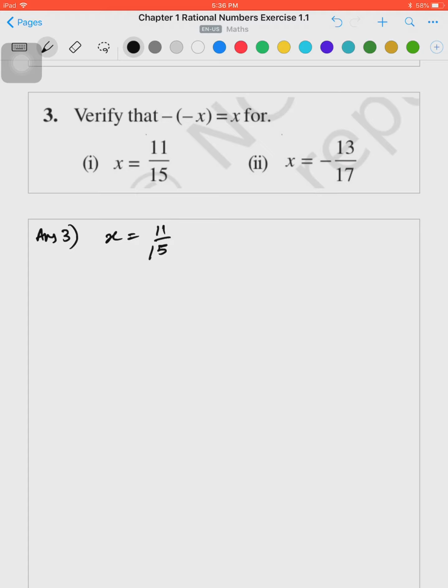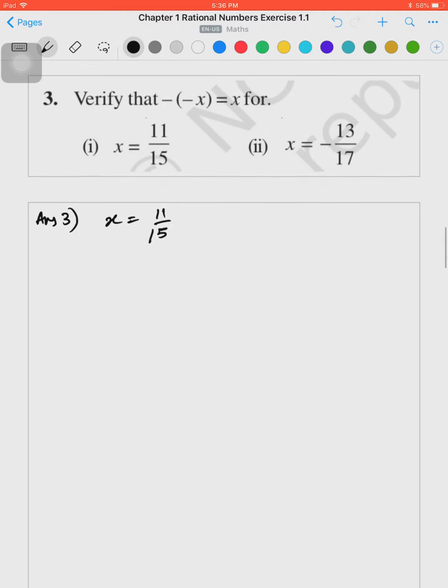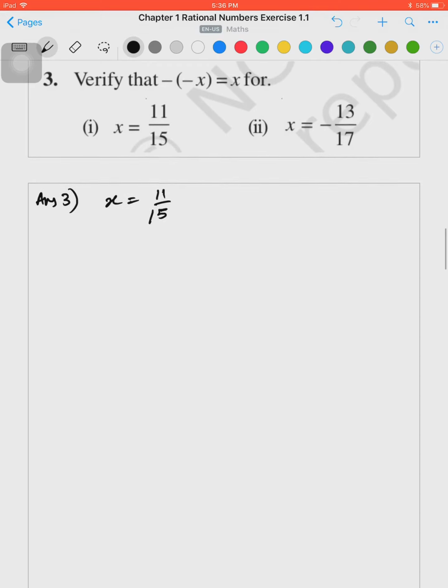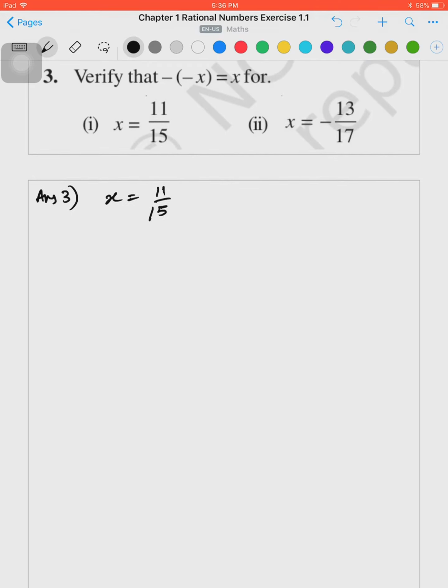We have to check that if we take the minus of this number's negative, that will result in plus. So write the additive inverse of 11 by 15 is minus 11 by 15.